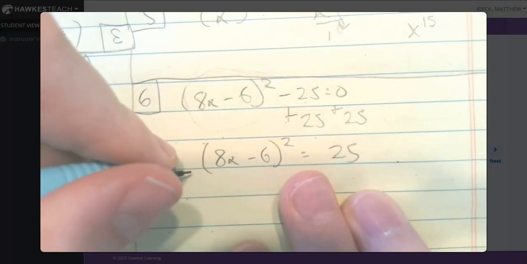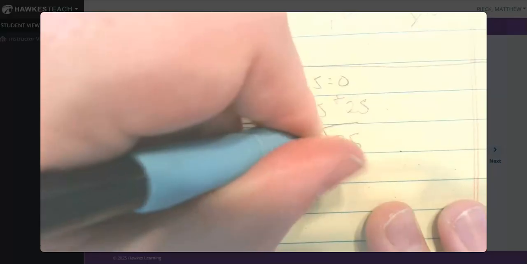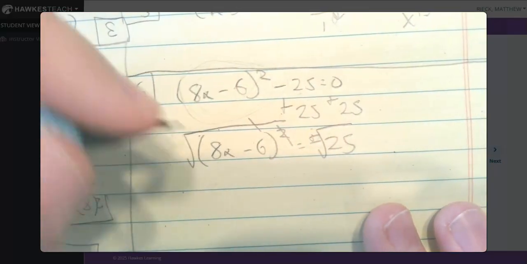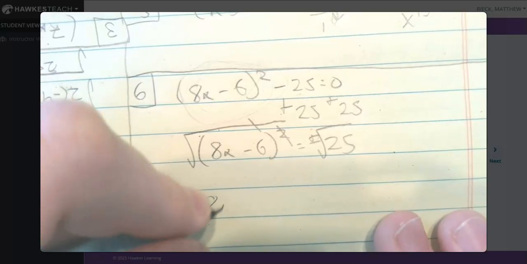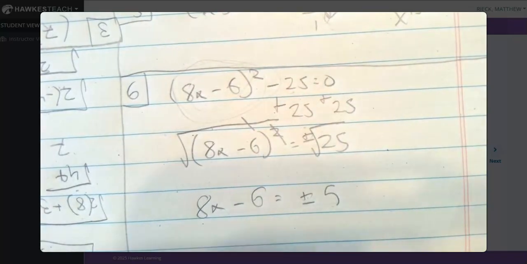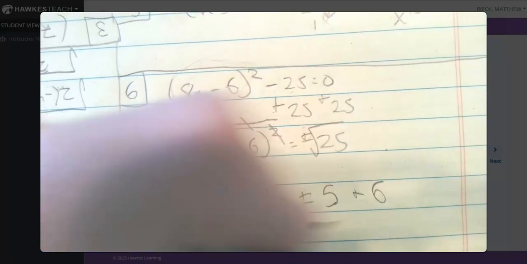And again, to get rid of the squared here, we can just take the square root of both sides. And when we do that, we just have to account for the plus or minus root there. So the square root and the squared are going to cancel out. So you have 8x minus 6 equals plus or minus the square root of 25, which is 5. So we can add 6 to each side.